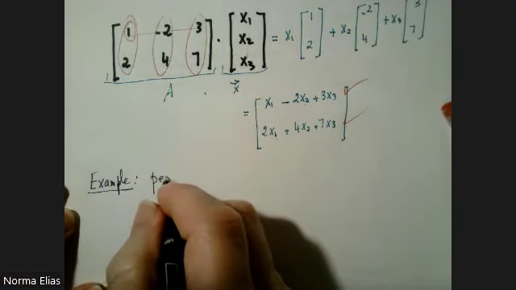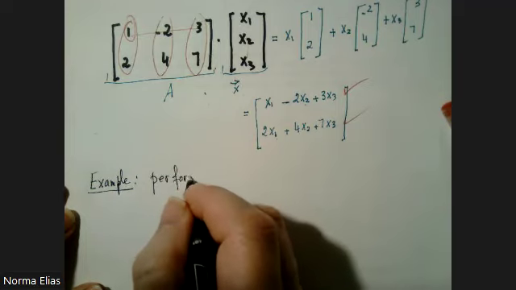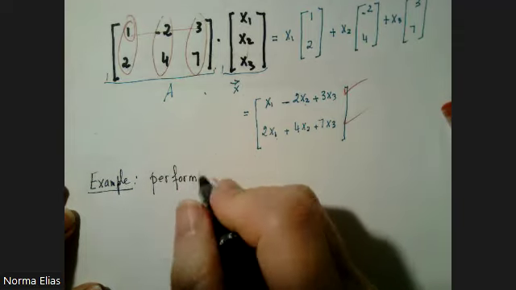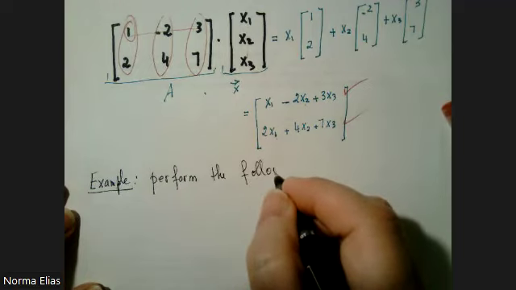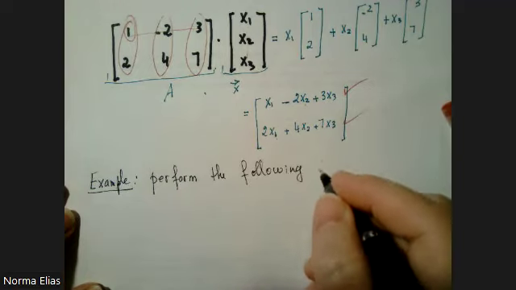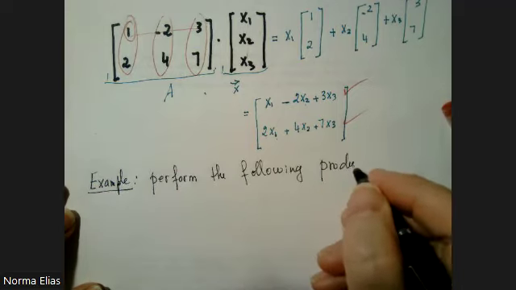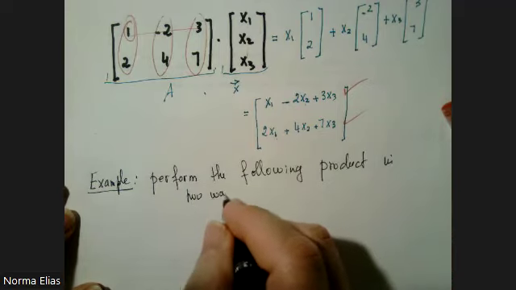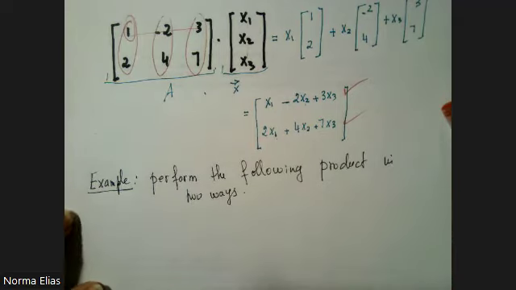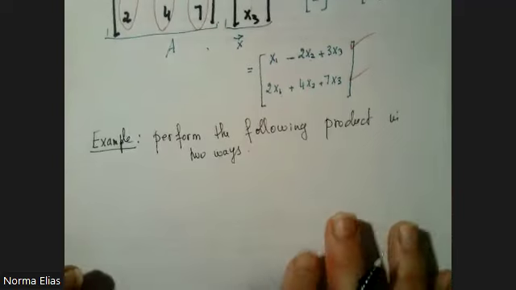Perform the following product in two ways. One is using the definition, the second is the row column definition.